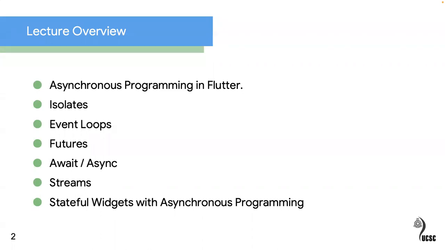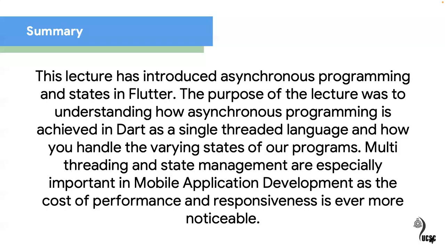I don't have many slides today because I'll be using the board to go through the concepts. So the first concept we need to talk about is why we actually need to talk about these things.